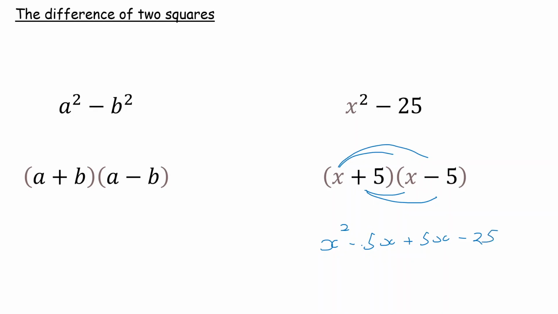And the important bit here is the minus 5x and the plus 5x, they cancel out to make 0x, which is really important because then you're left over with x squared, take away 25. So we've checked, by factorising, putting this quadratic into double brackets, we got x plus 5, x minus 5. We can check by expanding back out to get back to what we had up here.